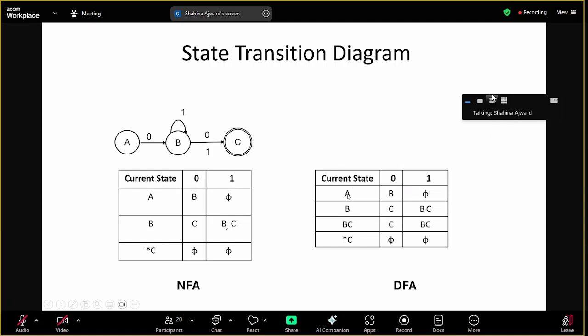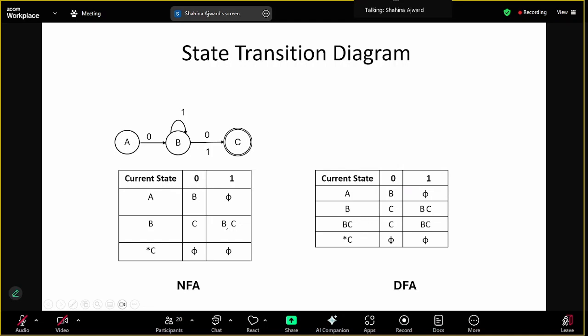So here we have A. If we give 0 for A, it goes to B, right? So we write it as B. Then if the current state is A and the input symbol is 1, then it is not defined, right? It is phi. So we write here again phi, right?